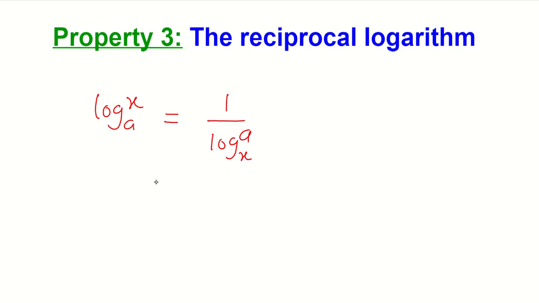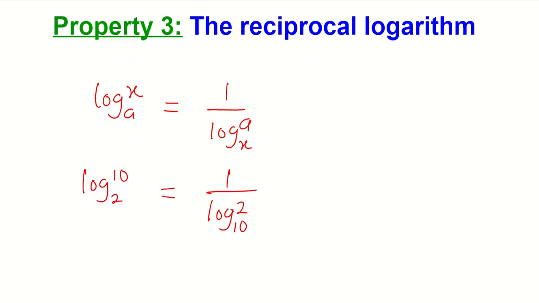Now we can think of an example like logarithm of 10 to the base 2. If you want to apply the reciprocal logarithm, then it's going to be 1 out of, now we have the logarithm here, which means this argument and base are going to change their positions, which means we're going to have logarithm of 2 to the base 10.